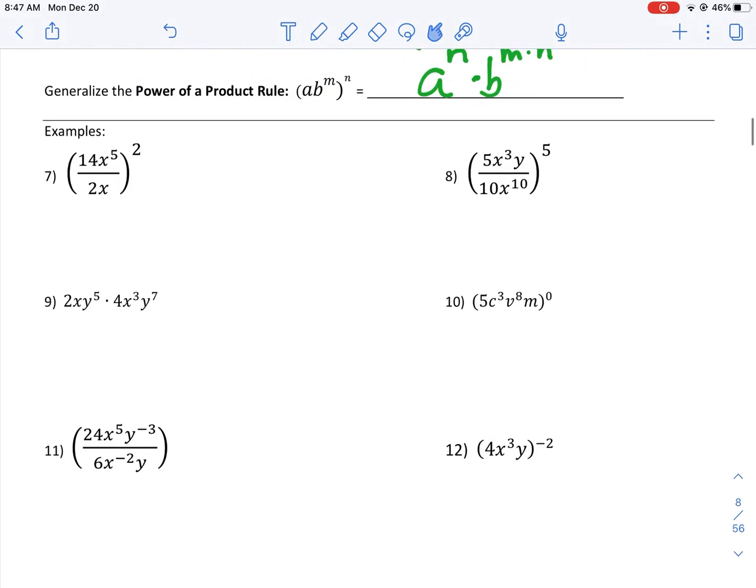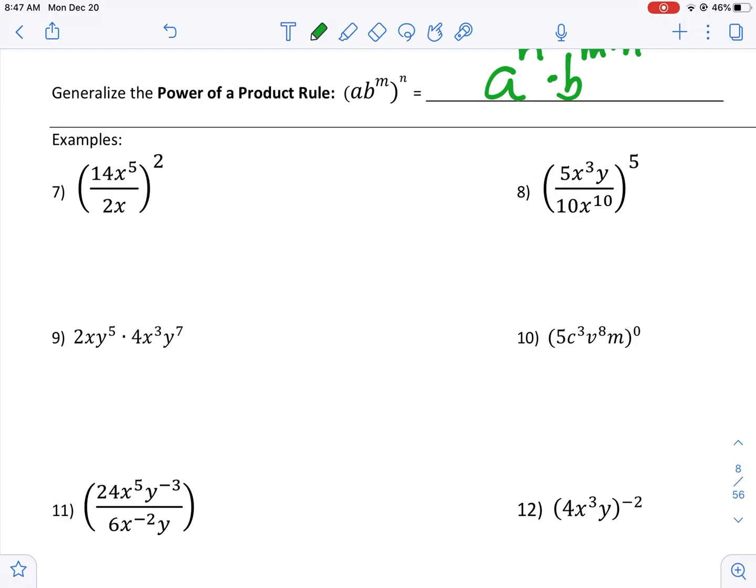So let's look at a couple examples here. If I was to distribute this, I'd have 14 squared, then x to the 10th, and we distribute it to the top and bottom, so 2 squared times x squared. So let's see, what is 14 times 14?